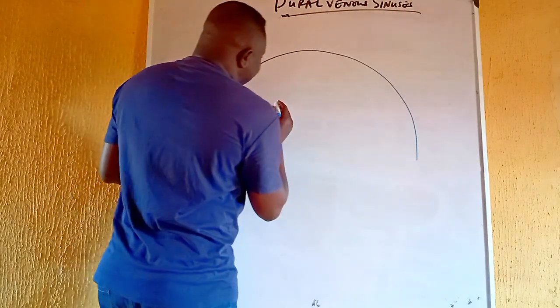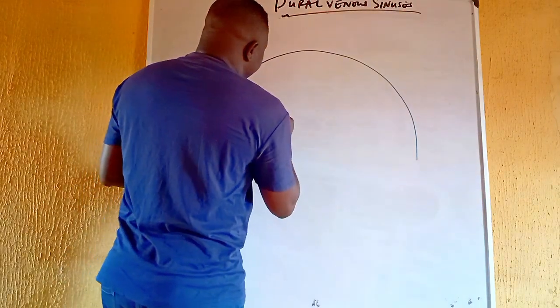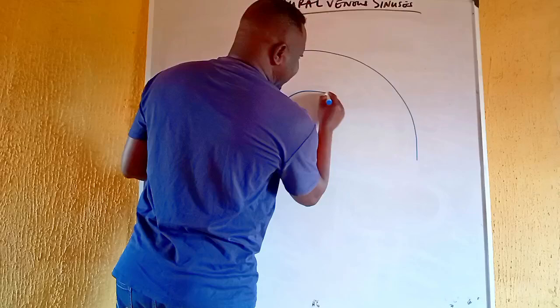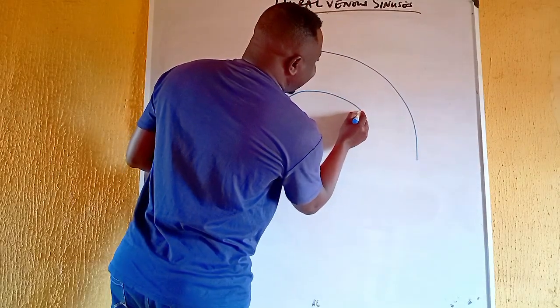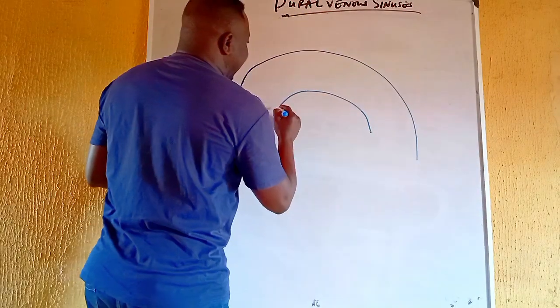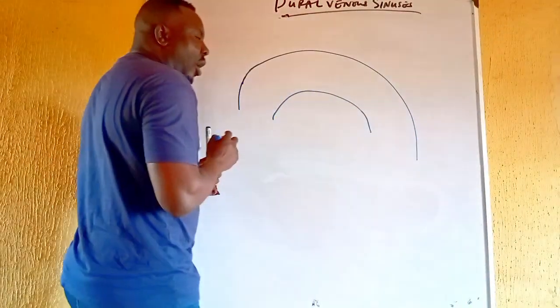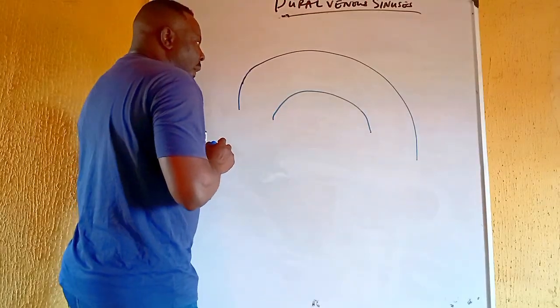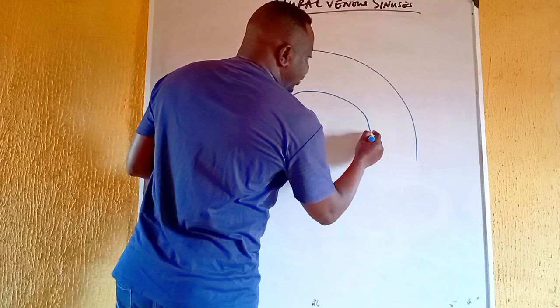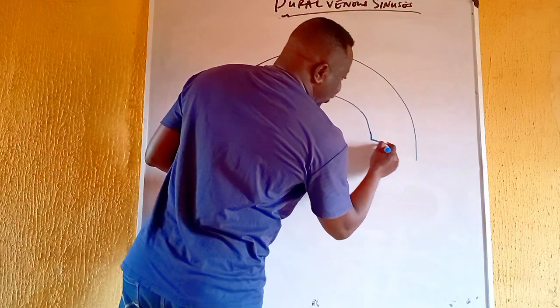The next one is known as the inferior sagittal sinus. The inferior sagittal sinus runs along the inferior border of the falx cerebri, and then it drains into the straight sinus.